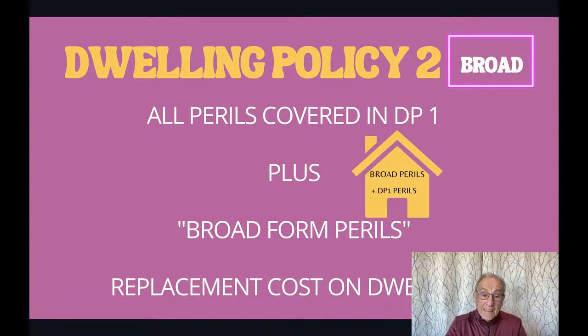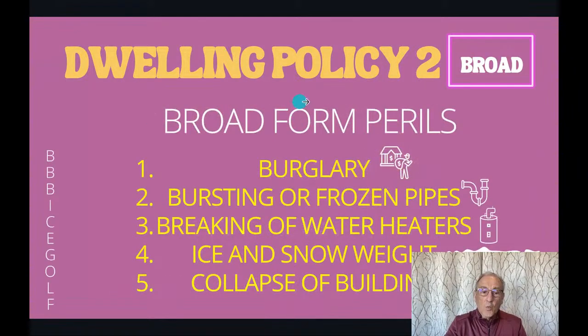Okay. So we kick it up a notch with a lot more coverage that was broad form perils. So, what are the broad form perils? Please notice on the left hand side of this slide, there is an acronym that we've created called BB BICE Golf.